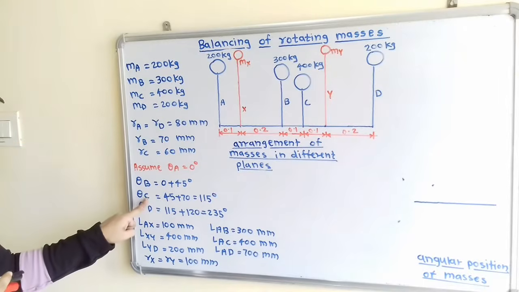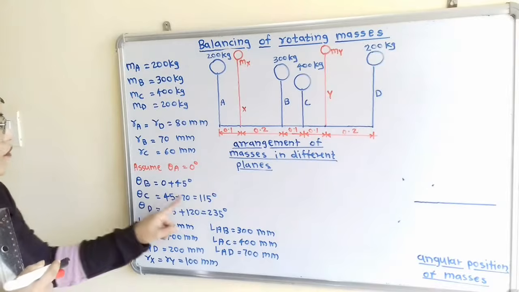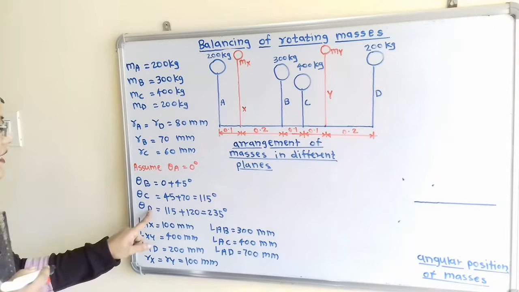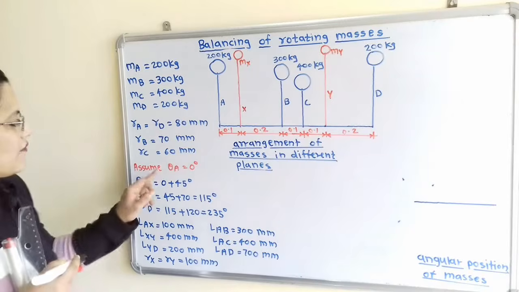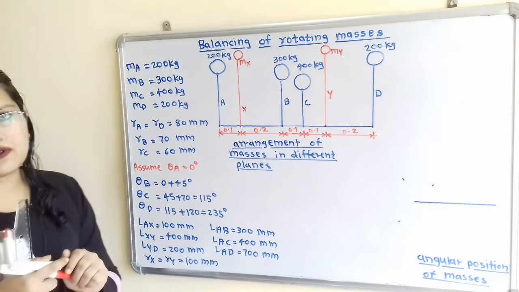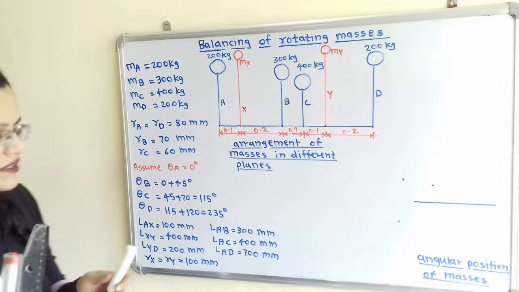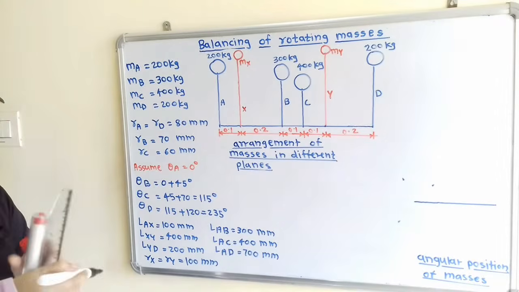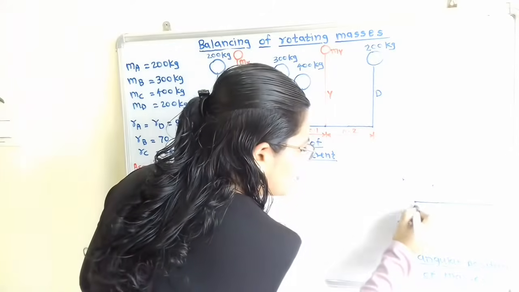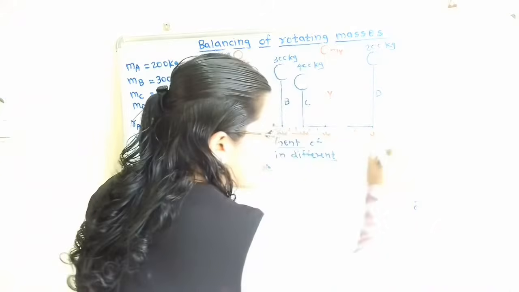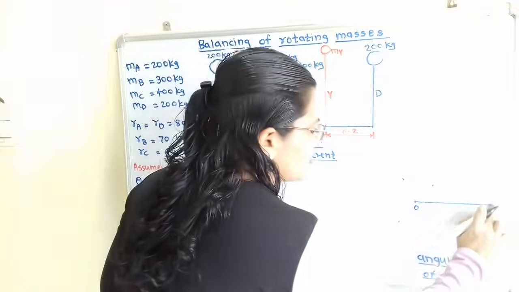The angle for mass C is given with respect to B, and it is 70 degree, and for D it is mentioned with respect to C, and it is 120 degree. So if we assume theta A is equal to 0, then how to show here? We will consider one center point O, and we will draw one line at an angle of 0 degree. So here is O. We know that we have to measure angle in the anti-clockwise direction. So this line is at 0 degree.